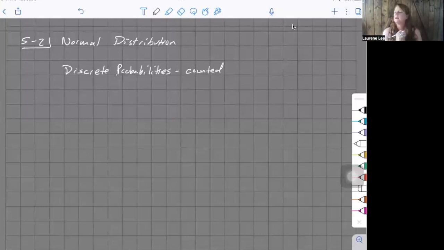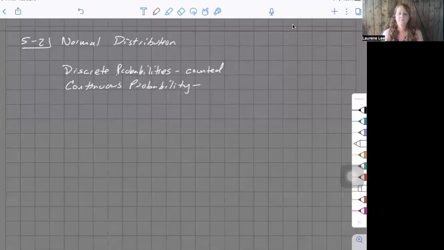The other type of probability is called continuous probability. What happens in continuous is that you can't really count all your outcomes. Let me give you an example.